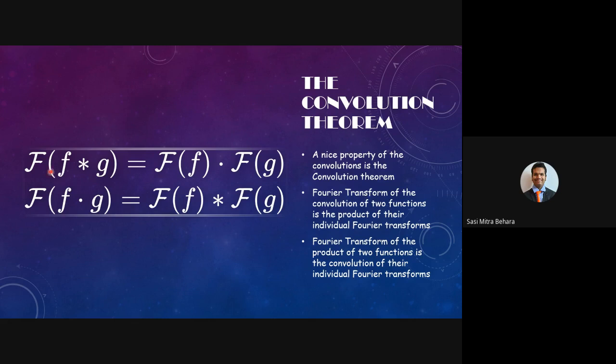The Fourier transform of the convolution of two functions gives back the product of the Fourier transforms of the individual functions. And the Fourier transform of the product of two functions is the convolution of the Fourier transforms of the individual functions. All of that is some mathematical jargon that will hopefully make things easier going forward.